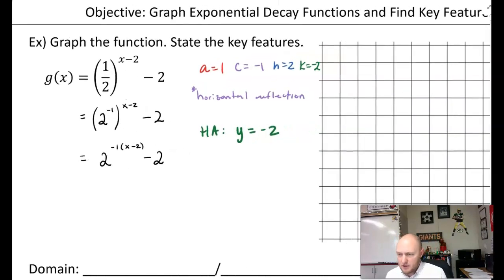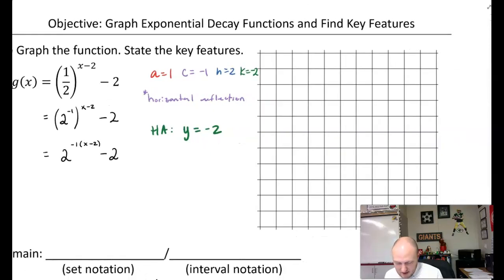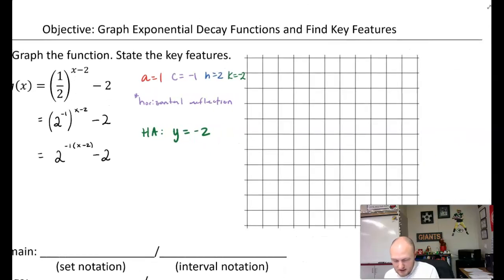Okay, so I'm going to put down some axes here, and then I'm going to graph this. So let's see, we've got to go down 2 for our asymptote. So we'll place our x-axis rather low right here. Our y-axis, we're going to the right 2, so maybe I'll put this more to the left.